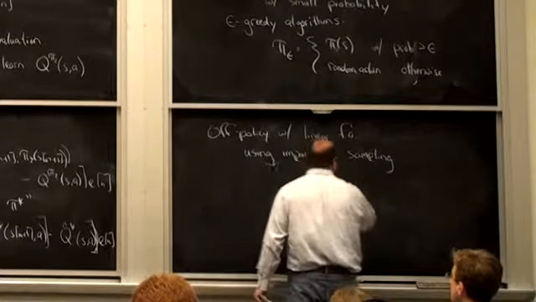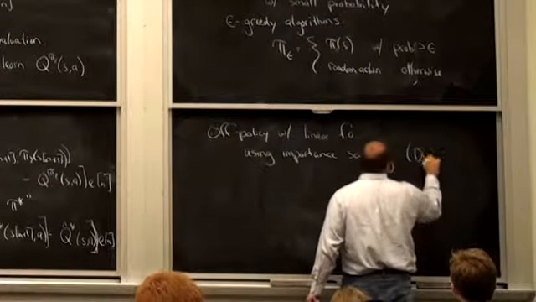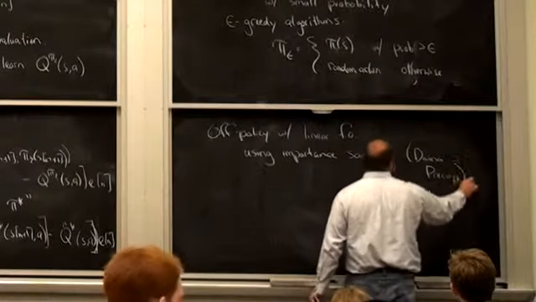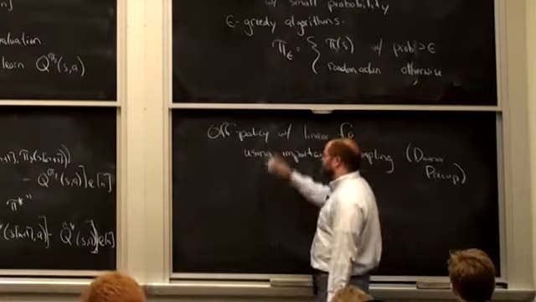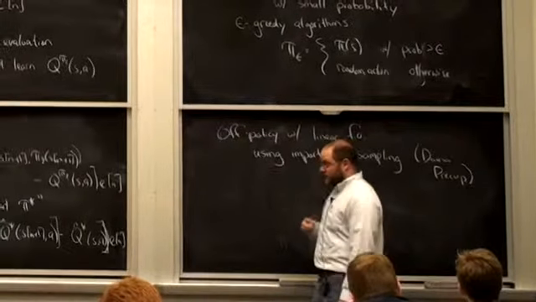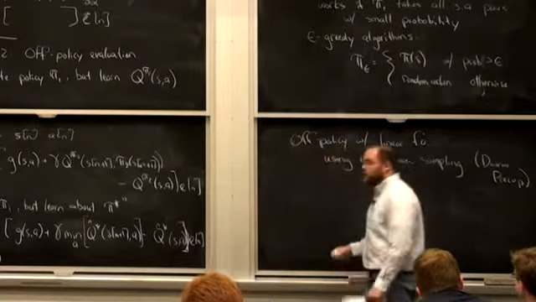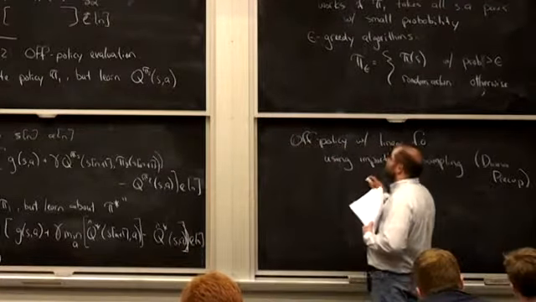The basic idea is, if your policy is changing over time, you better weight your updates based on the relative probabilities.